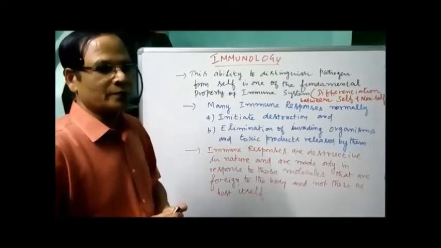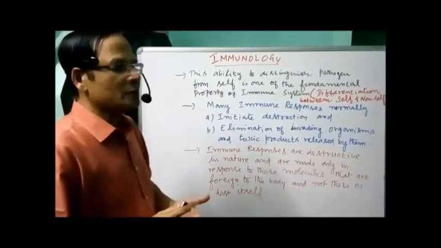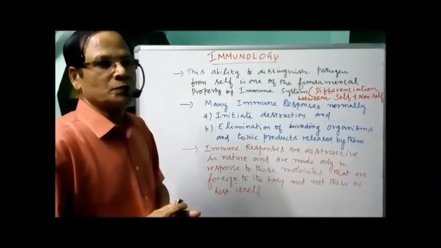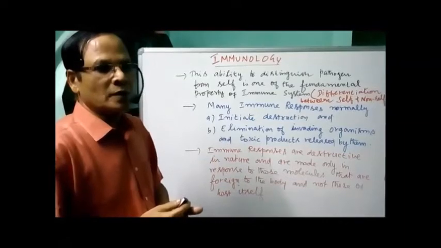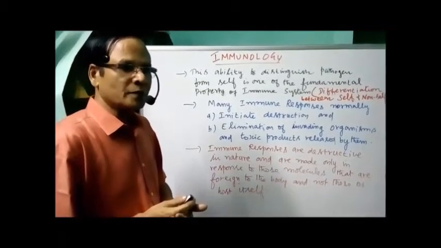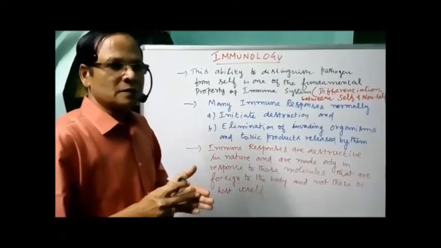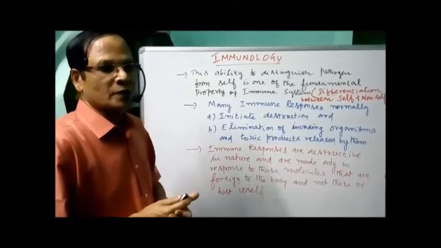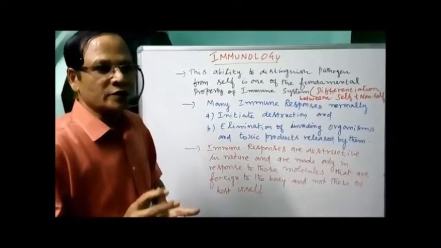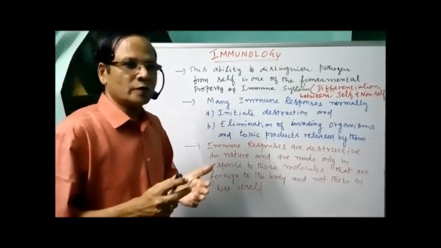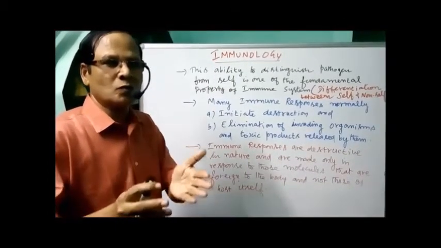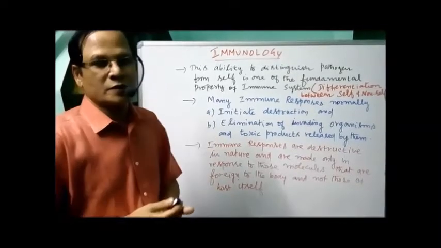Sometimes what will happen? The immune system fails to make a distinction between self and non-self. And so what is happening? It causes a rapid, severe destruction against the host molecules. The host is nothing but the body having this immune system.